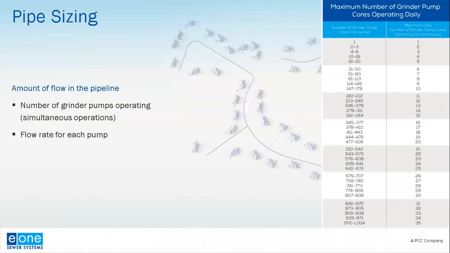You'll see in this system, there's 1,004 connections, but there's only 35 related simultaneous operations. The answer to that question is we only have to size that pipe for 35 simops typically, as opposed to all 1,004 connections. So that's the basic crux behind what we're doing. It's based on how many pumps can be expected to be running at the same time during a peak flow situation.